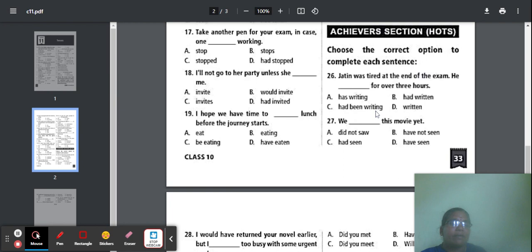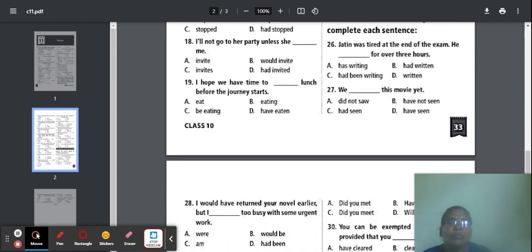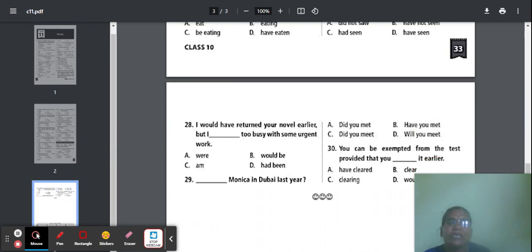Had been writing. Next. We dash this movie yet. So not yet is the keyword. We have not seen this movie yet. So this is the correct one. So next we will move to question number 28.